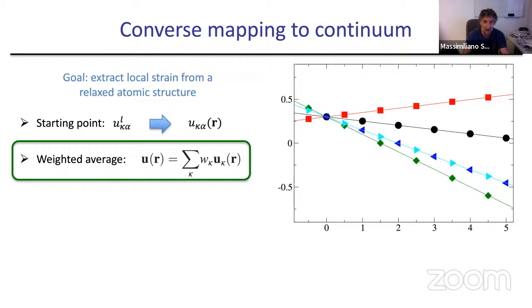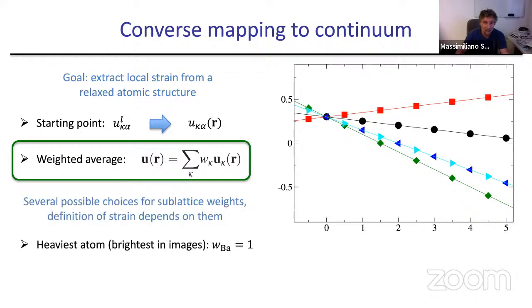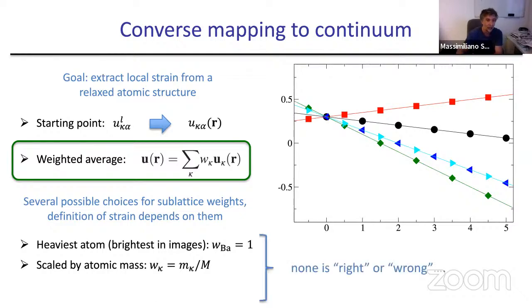And these weights, in a way, contain the arbitrariness of the definition of the strain, because there's actually no physics principle that tells me what weights I should choose, whether I should give more priority to the heaviest atom, as is usually done by microscopists just because these are brightest in images, or whether I should scale them by atomic masses. Okay, this is fine for dynamical problems, but why should I worry about masses in a static structure like a ferroelectric domain wall?